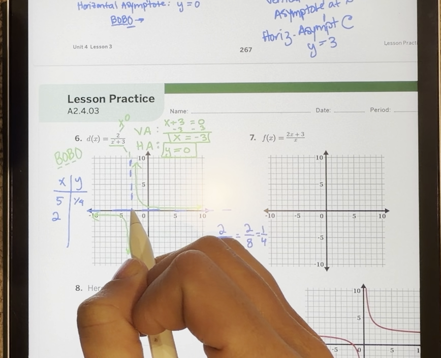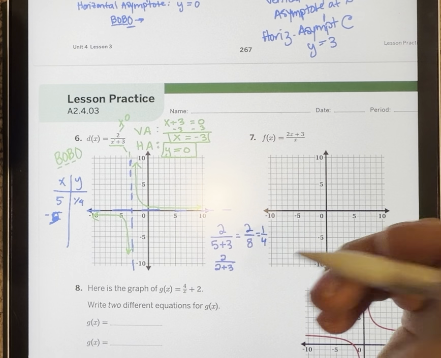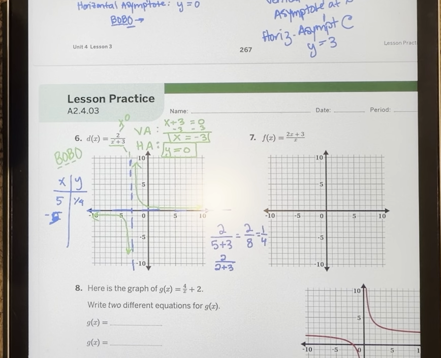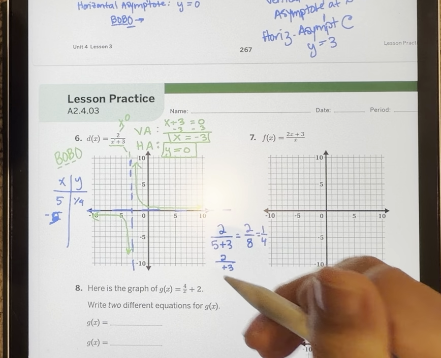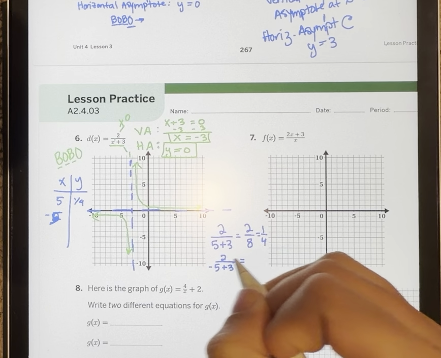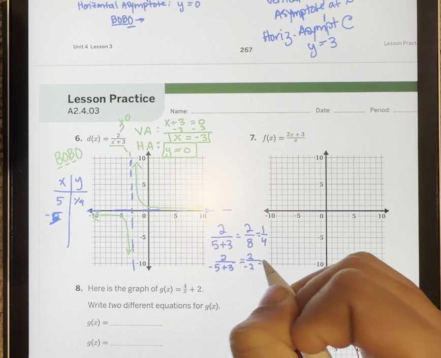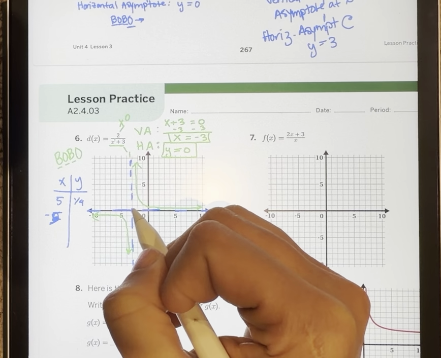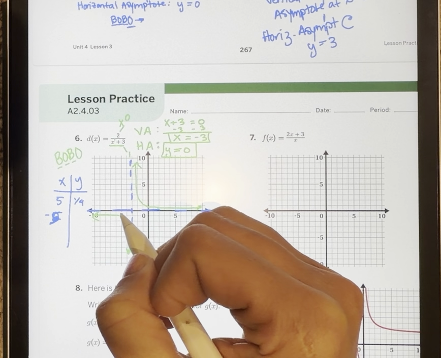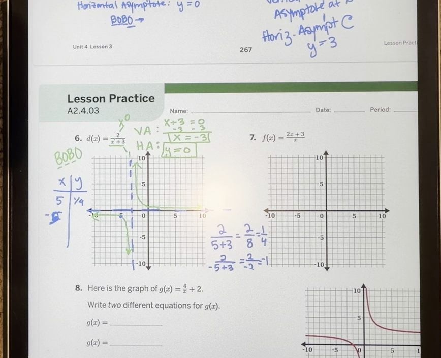And so we need something like -5. If I plug -5 in for x, I get 2 divided by -5 plus 3, which is -2. And that gives me -1, which means that at -5, I'm going through -1. And this confirms for me that my curves are in the correct positions.